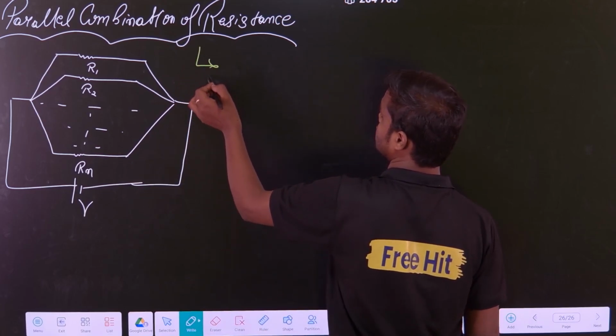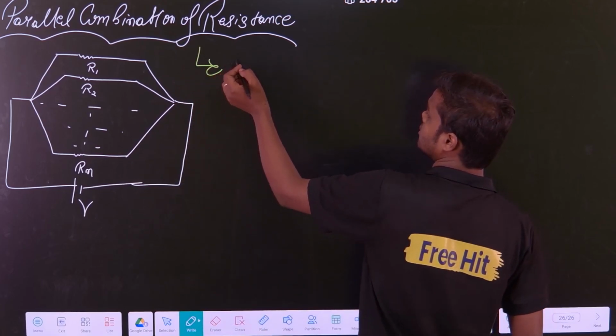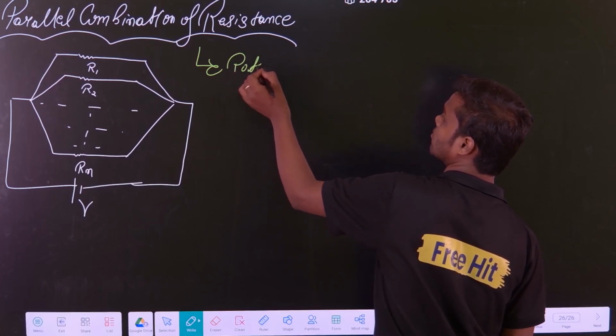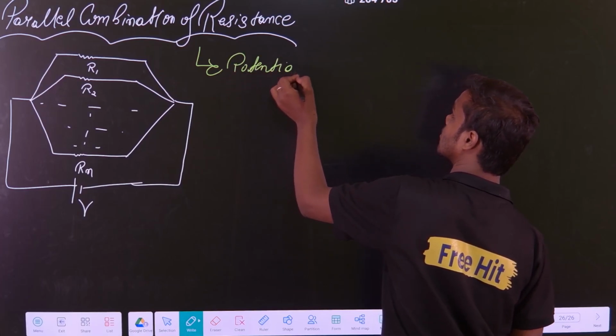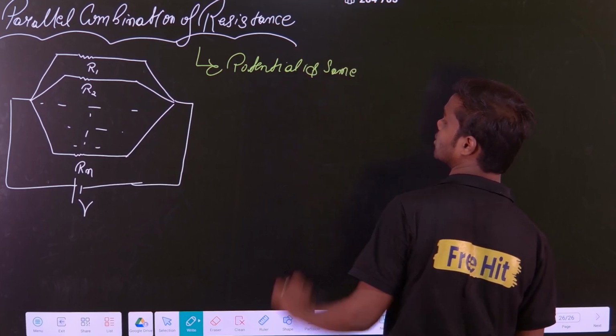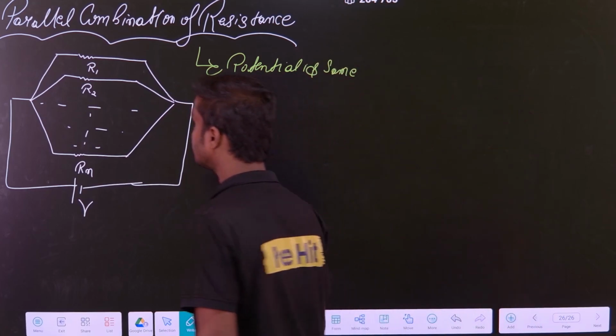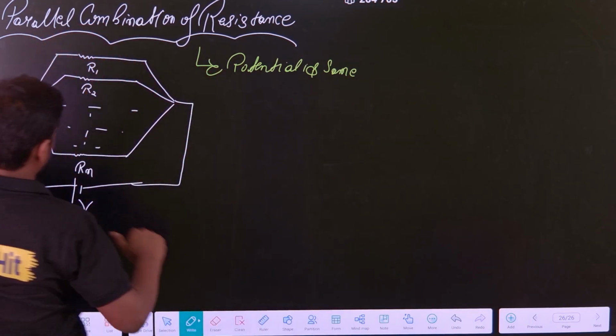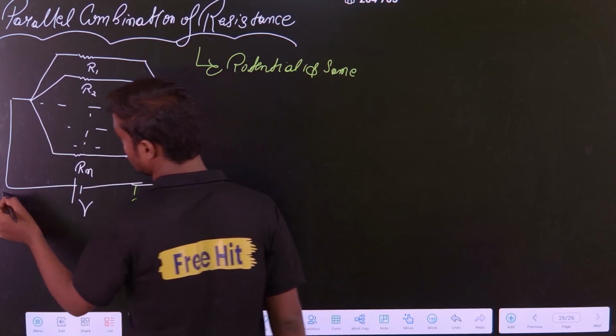See, parallel combination means, first thing, the potential is same. Simply you have to remember, potential is always same. If you see the potential across R1, that is also V, because if this is 0, this will be V, correct?